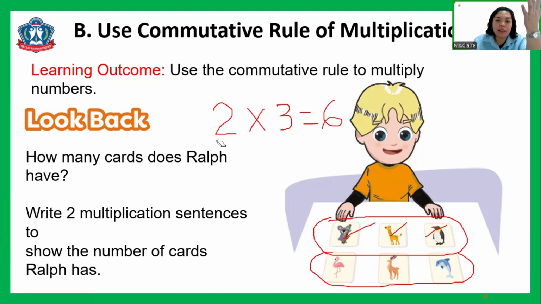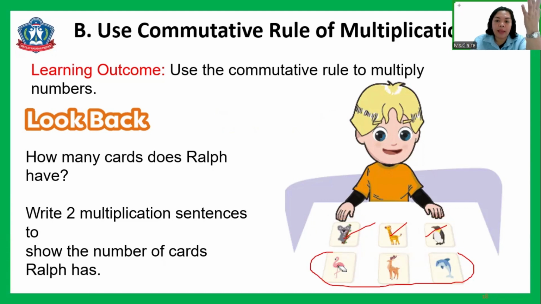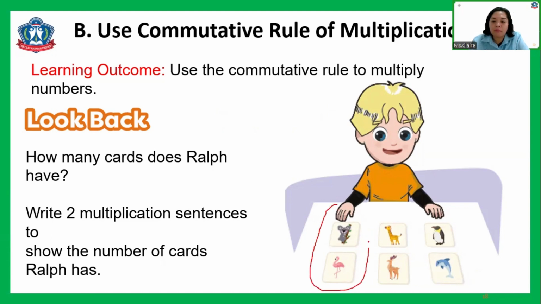Now how about this one? We can have another way to find this. Alright, how about this one? This is by column. Okay, this is one column, right?